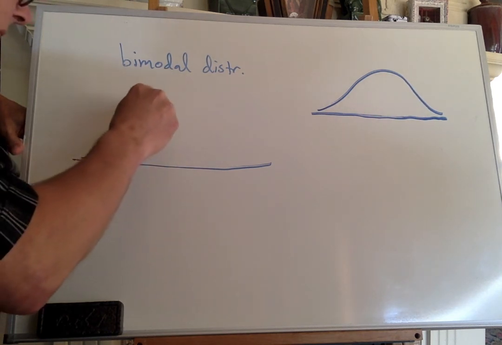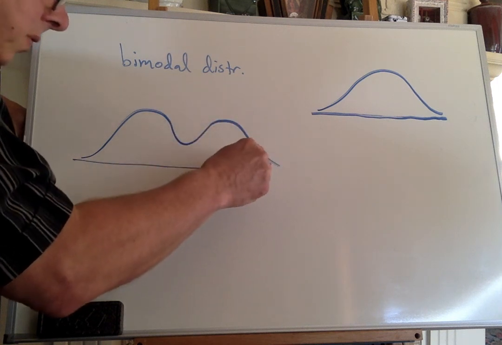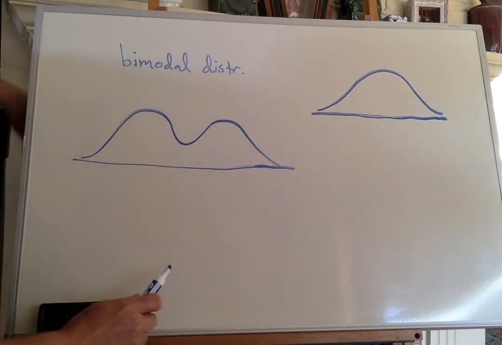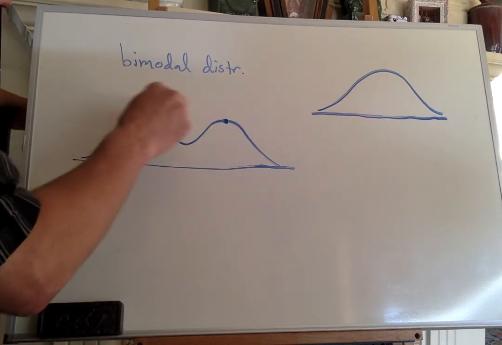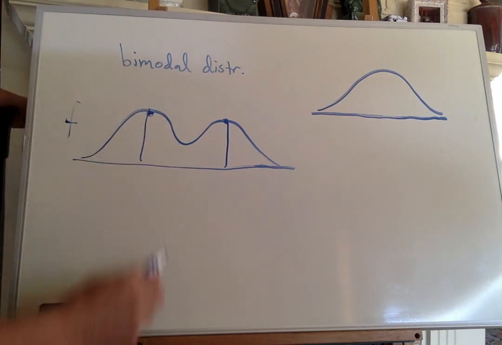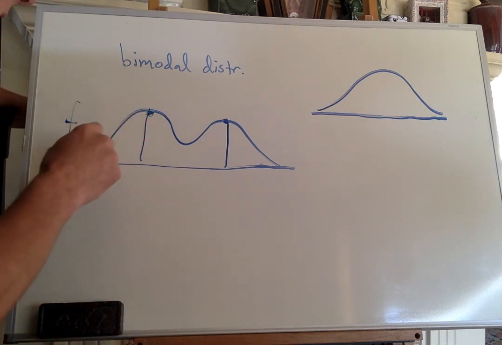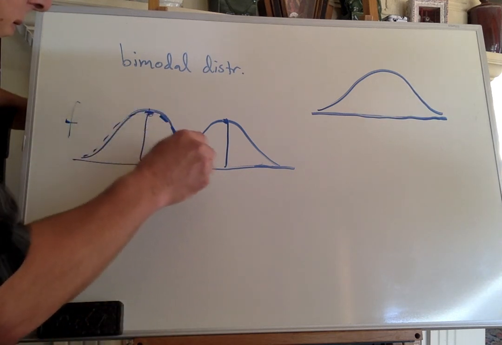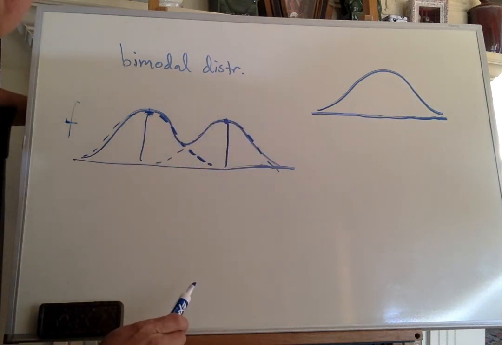So if we have a bimodal distribution, it might look something like this, okay? Sort of exaggerating that in a way, where here's a mode and here's a mode here, okay? So these are two modes. Remember, this is a frequency column, okay?